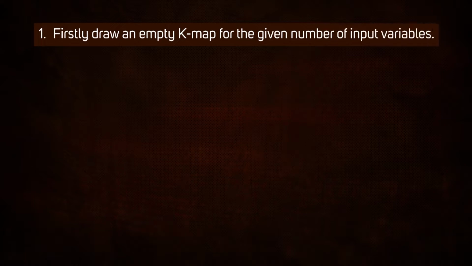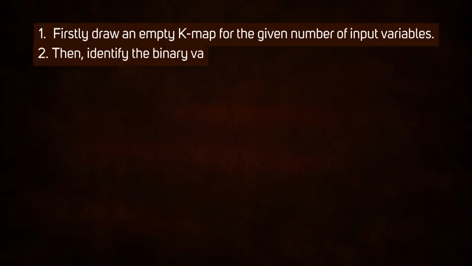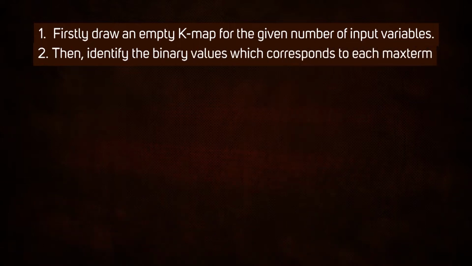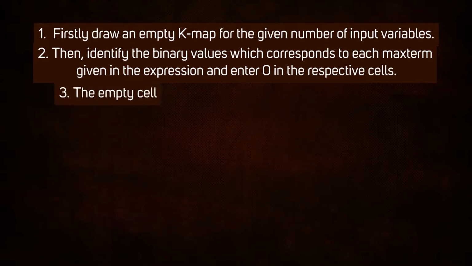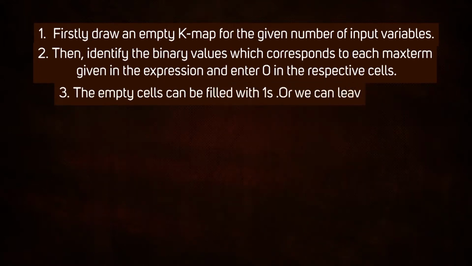Let us just go through the procedure to obtain the minimized function of a standard product of sums expression. Firstly, draw an empty K-map for the given number of input variables. Then identify the binary values which correspond to each max term given in the expression and enter 0 in the respective cells. The empty cells can be filled with ones or we can leave them blank.